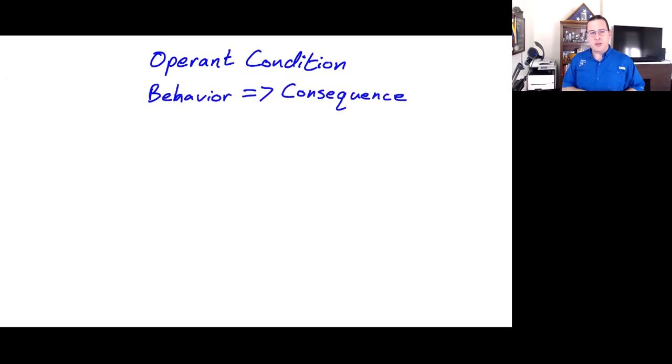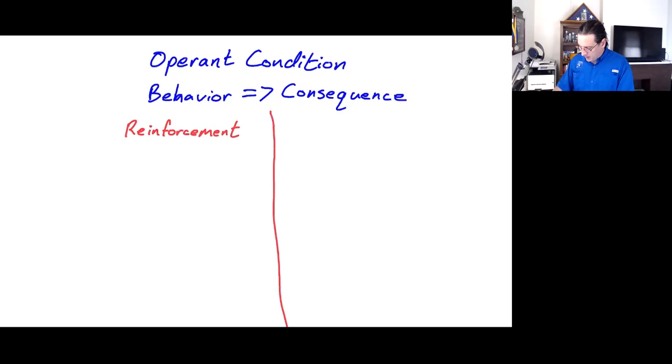Now, similar to what we had with classical conditioning, I have some pretty important terms to discuss with you. The first one is called reinforcement. Okay, that is one of the possible consequences that we can have.